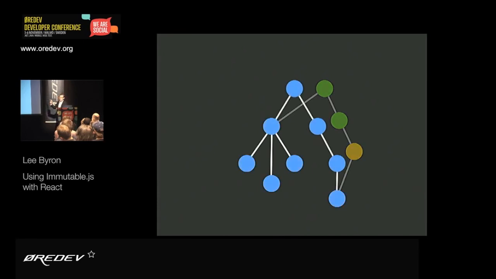And notice that the original remains completely unchanged. So we can use both of these at the same time if we want, even though they overlap in memory. Or if we don't want the old one anymore, we can just not reference it anymore, let our garbage collector clean up after ourselves, and we're left with only the modified version. And if you have an environment with a good garbage collector, and all modern JavaScript VMs have a good garbage collector, then this is a very performant process.